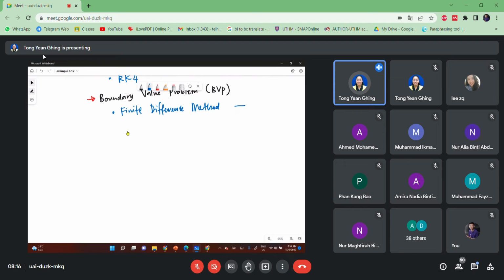Let's say normally we have a function of y. We can write in either y or f(x). Let's say we have a function of y like this.